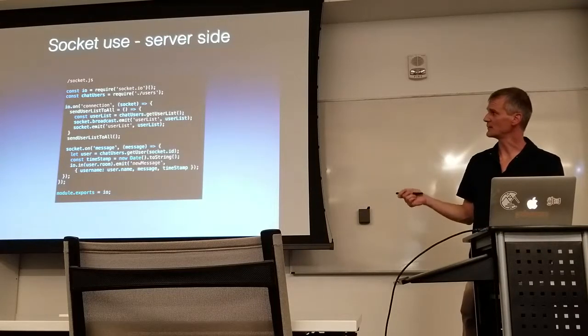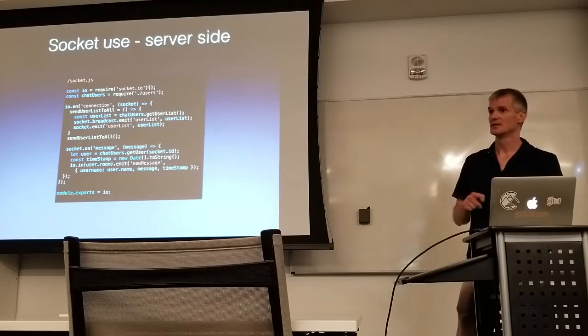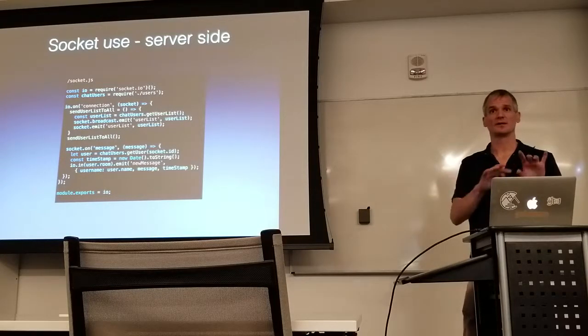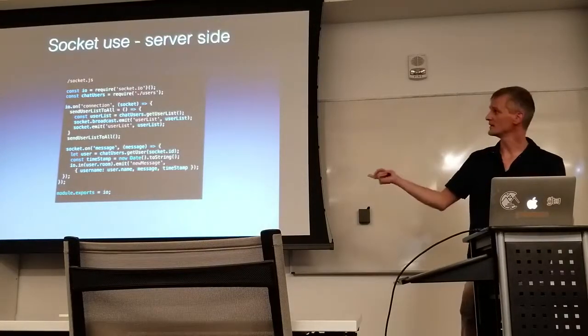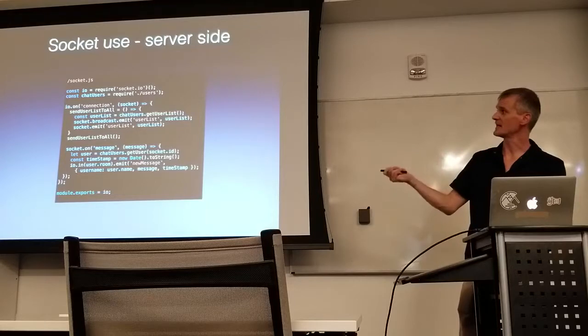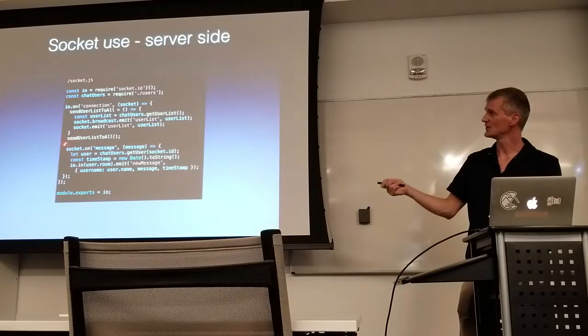Down here at the bottom, we're defining one of our event handlers: message. This was where you type in and you hit submit. On the client side, it emits a message and gets handled here in the socket on.